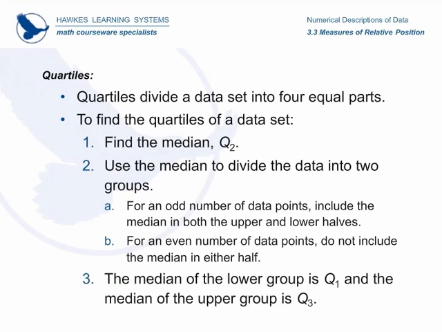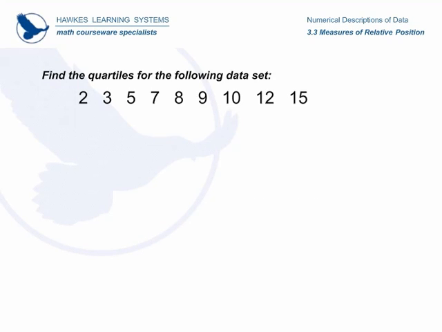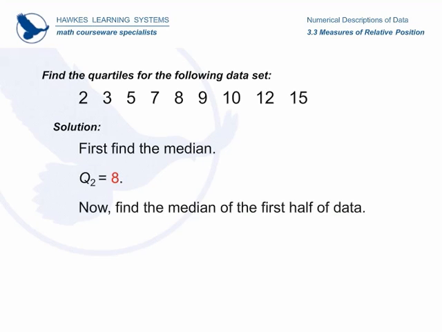So let's take a look at how this would be represented. For our quartiles, we have an example. We've got the data set of 2, 3, 5, 7, 8, 9, 10, 12, and 15. First, we want to find the median or middle value, and we can see that the data value 8 falls directly in the middle of our data set.